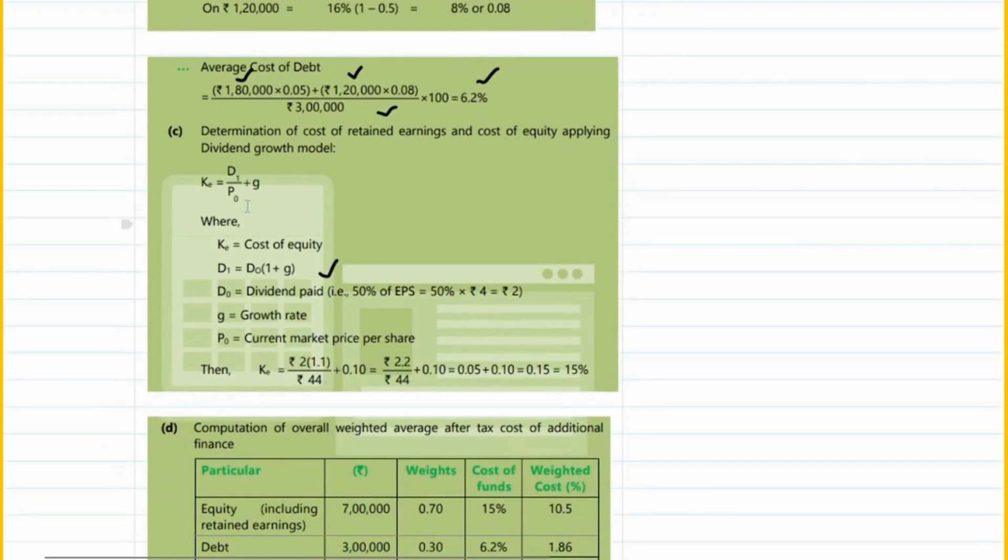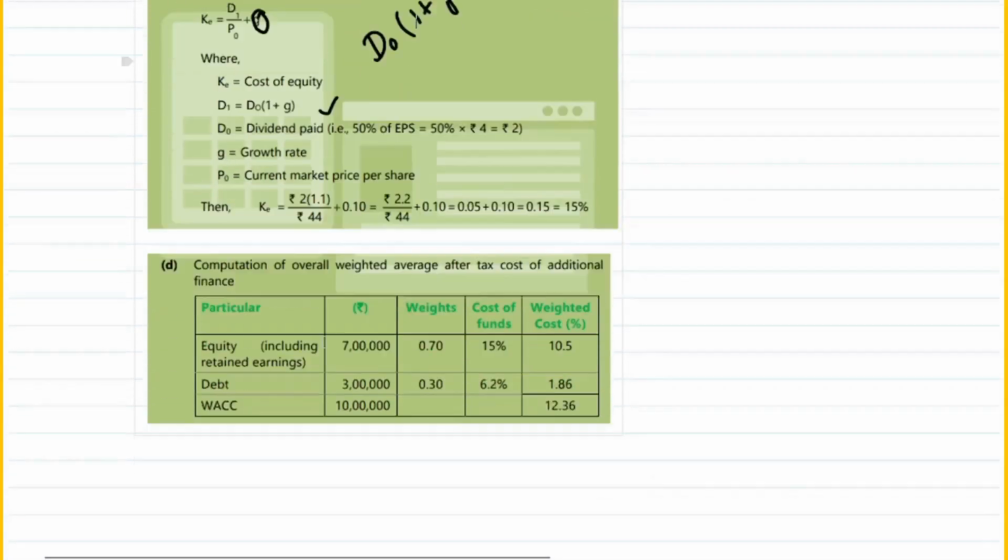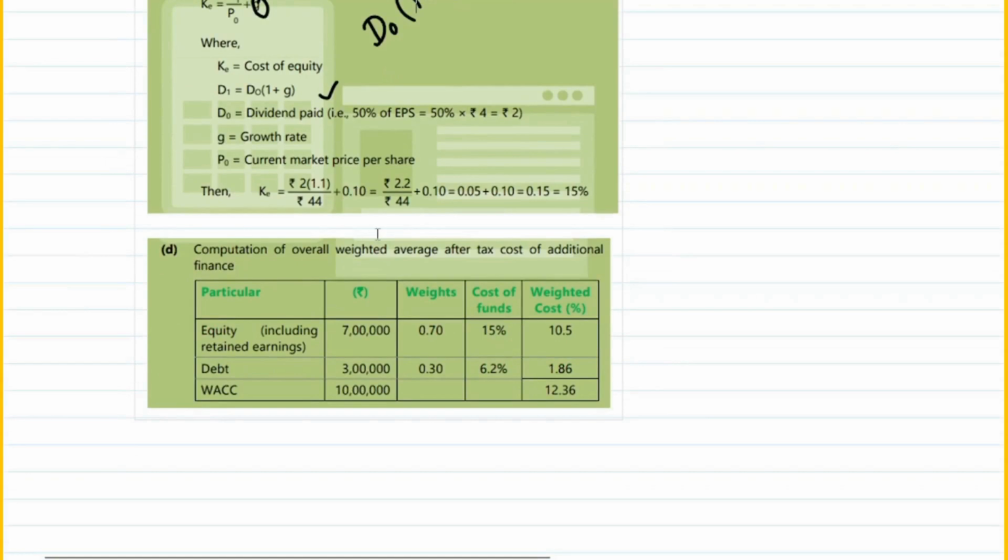You have to remember that this growth is exclusive of the growth we apply here; this is just for factoring in the expected dividend. That is why it is D0 into 1 plus G. So you get 15%. When my KE is equal to 15%, my KR is also equal to 15%.